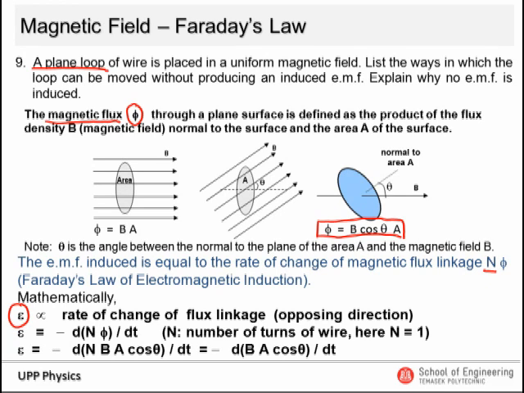You will notice there are quite a number of negative signs in the equation. The negative sign actually explains the opposing direction as stated in the proportionality relationship. Now that we have defined Faraday's law, let's proceed to explain why no EMF is induced.